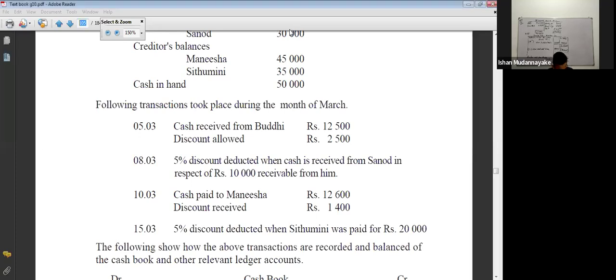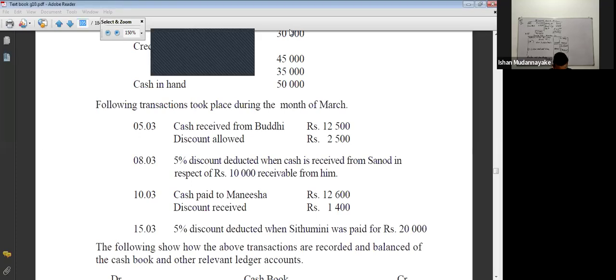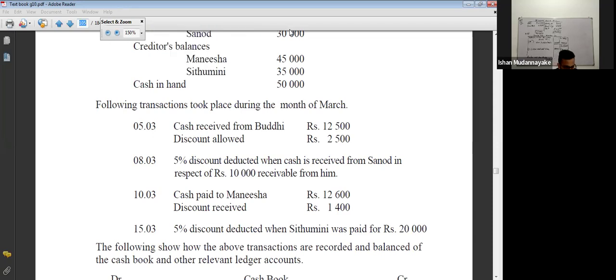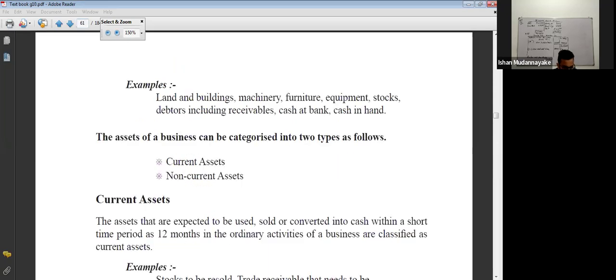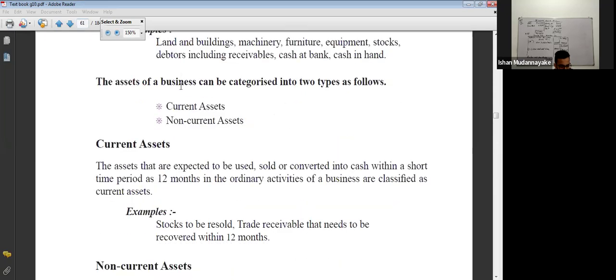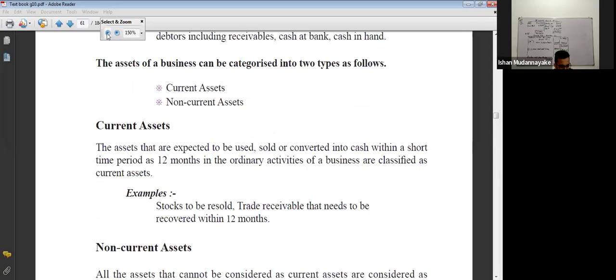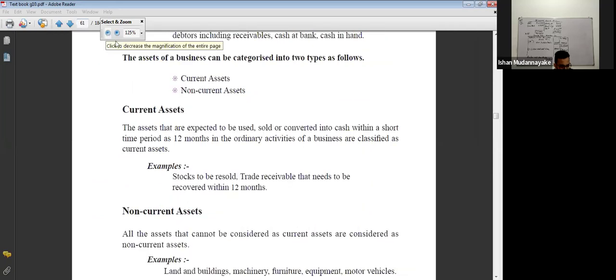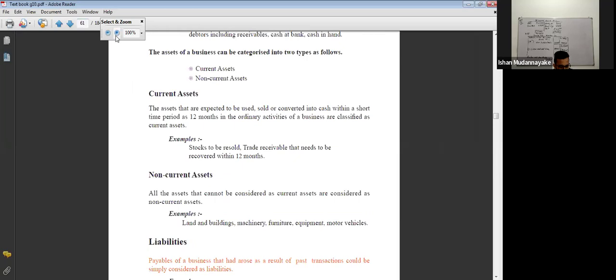Go to the textbook, page number 51. Students, what is a current asset?